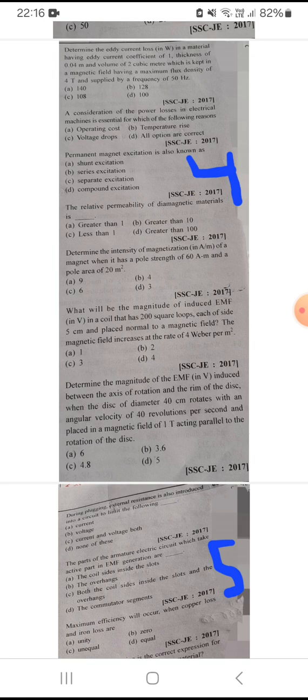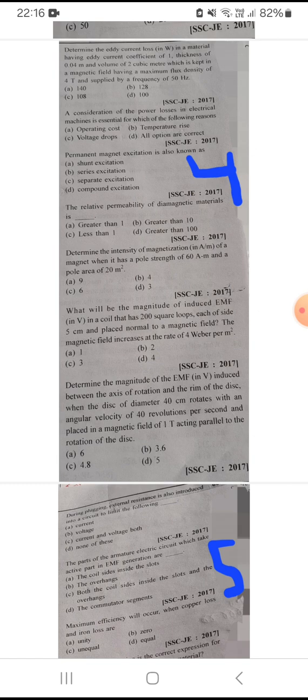Next, what will be the magnitude of induced EMF in volt in a coil that has 200 square loops, each of side 5 cm, and placed normal to a magnetic field? The magnetic field increases at the rate of 4 Weber per meter square.